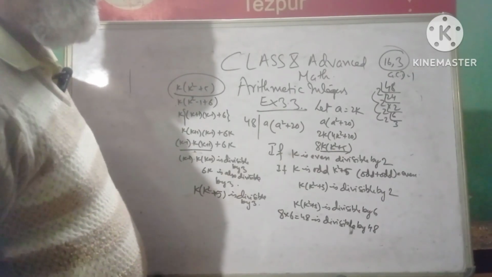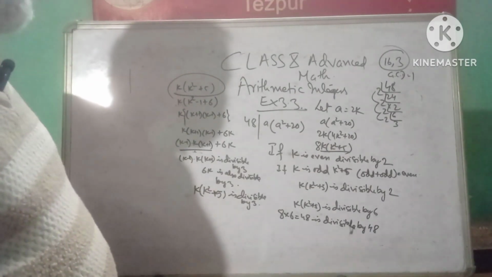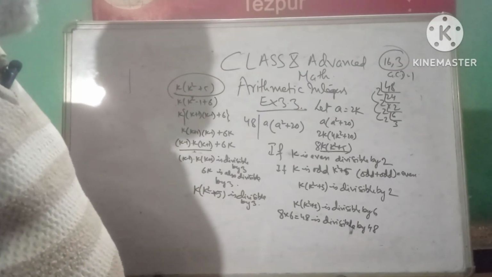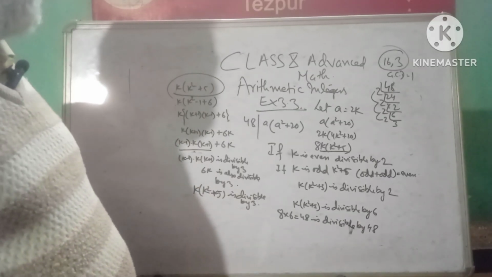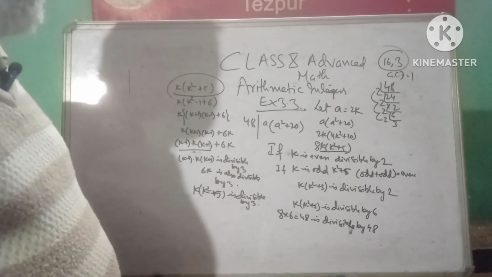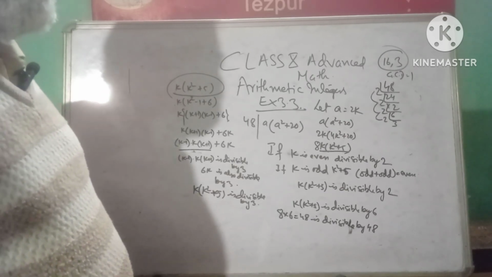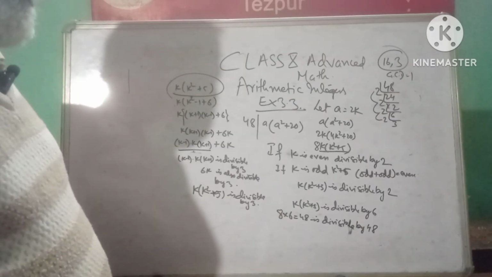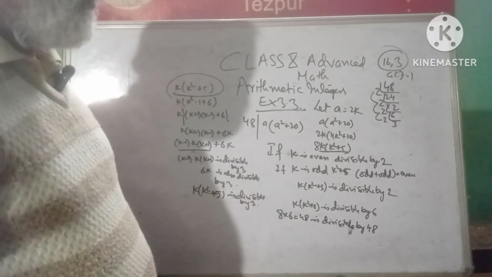And when you use the division algorithm, your b is 16. So it becomes a is equal to 16q plus r, where r is less than 16. So r is equal to 0, 1, 2, and it goes like this. So it is a little bit tedious process.